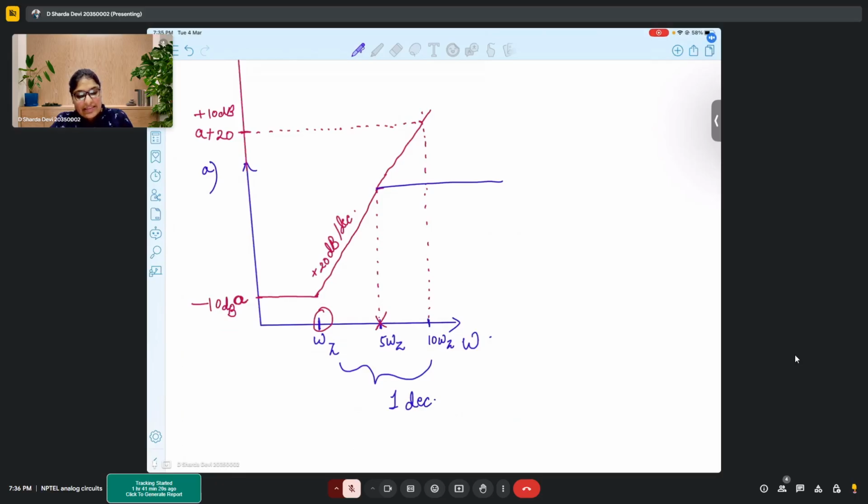That's why this becomes constant. So now this is my passband. And what they are asking us to find is this passband gain, say X. This is the gain that we need to find.